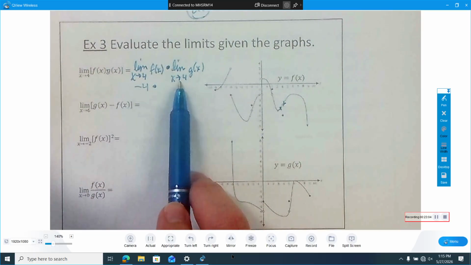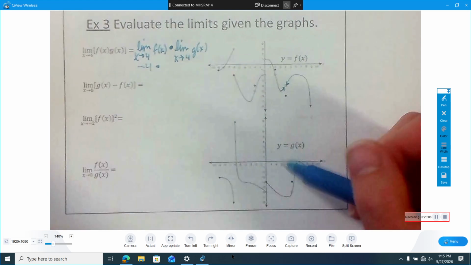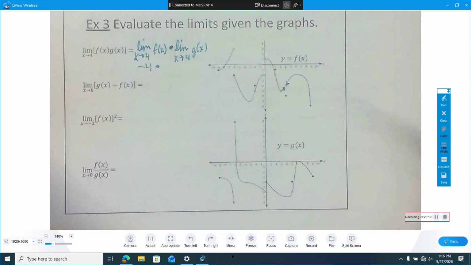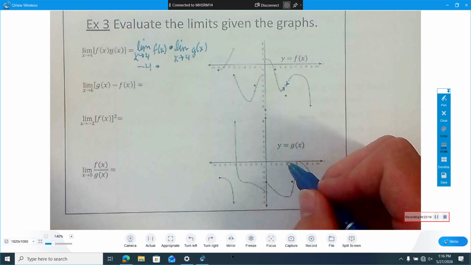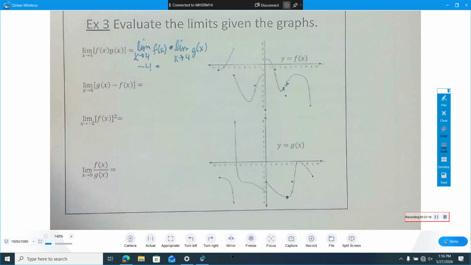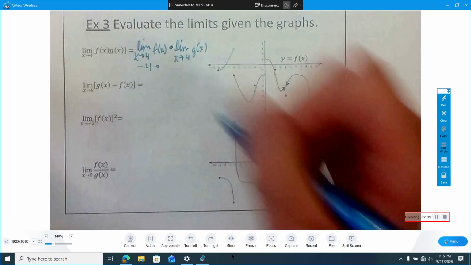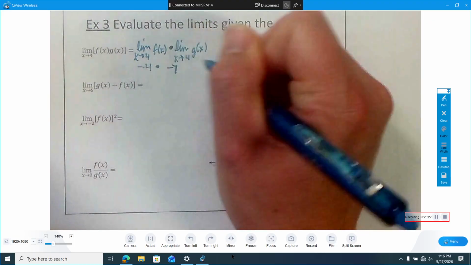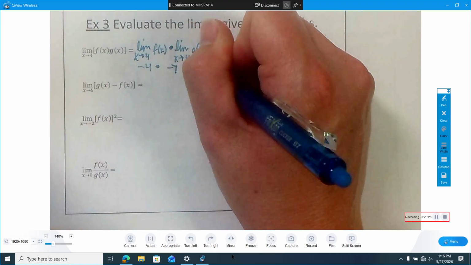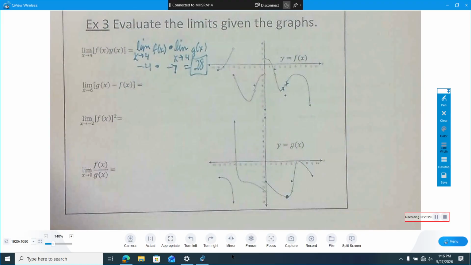And the limit as we approach 4 on the g graph. So as we approach 4, what happens on the g graph? Yeah, right here. Getting close to that point there, which is -7. All right, -7, and we multiply those together. What do we get? Positive 28. Okay.